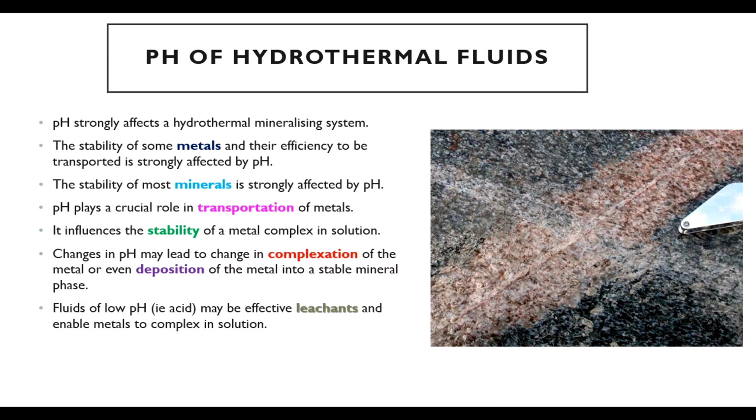So for some, it makes it very difficult to carry metals, others it's more efficient. And yeah, like I said, the pH is affected by how the fluid might be leaching material from the country rock. And we'll get more into that alteration signature tomorrow.